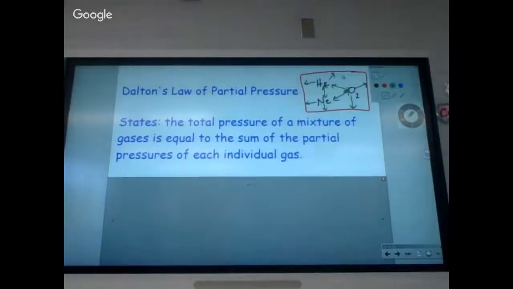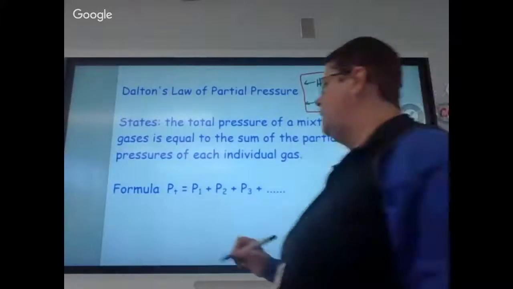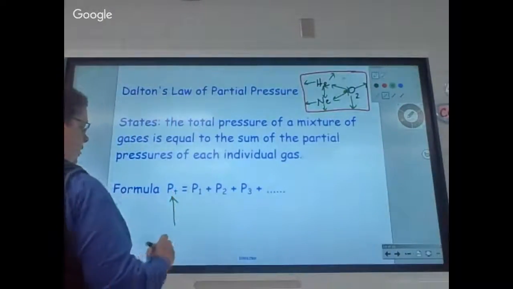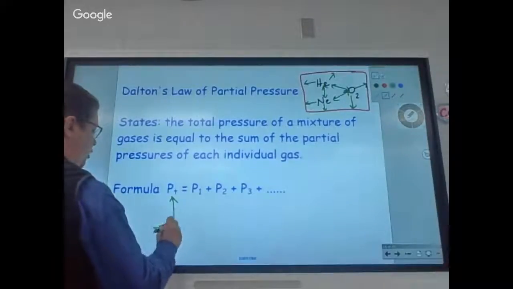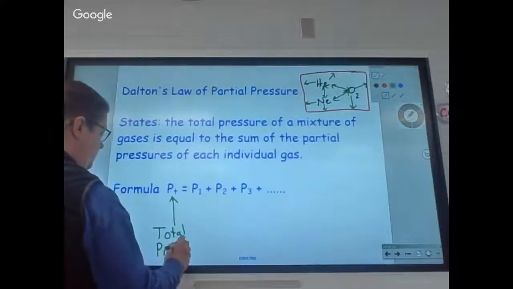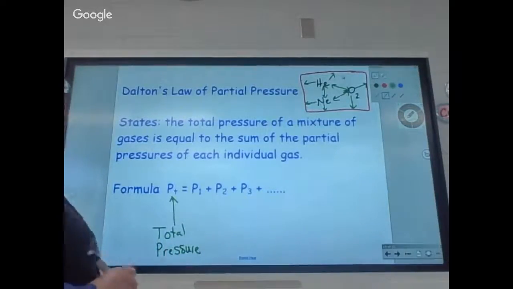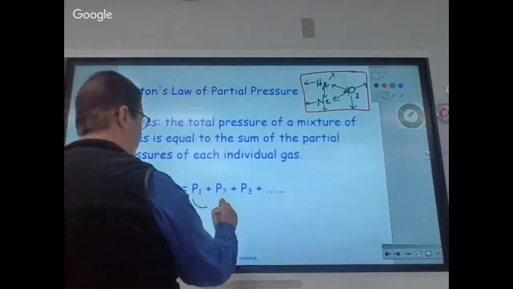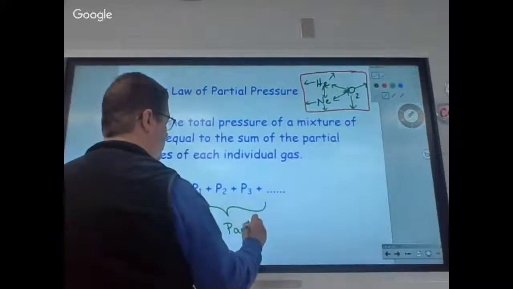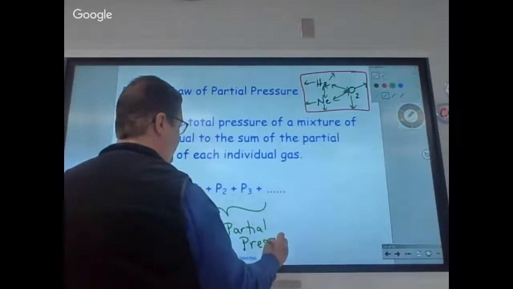So the formula that he created to go with that is this. P with a T on it, and that's a T. PT stands for total pressure. The P with the 1, the 2, and the 3, these stand for partial pressures.